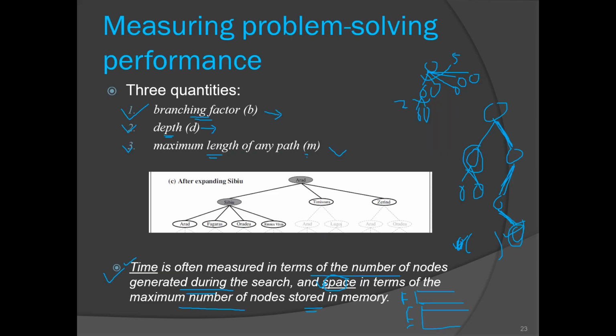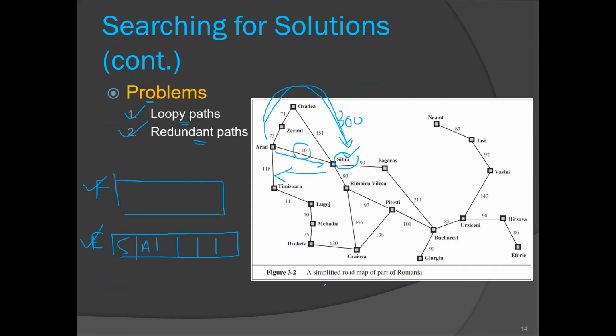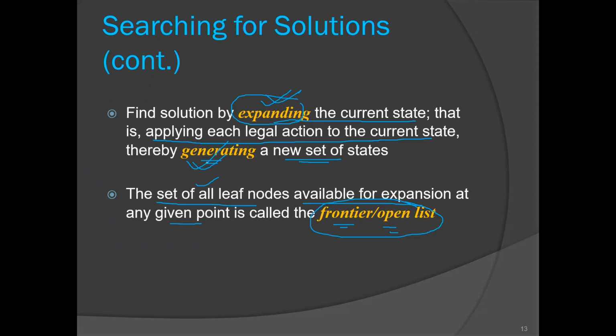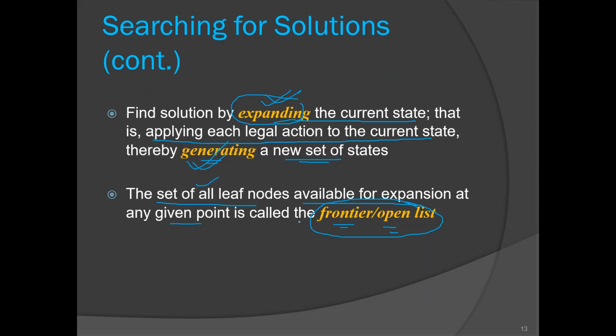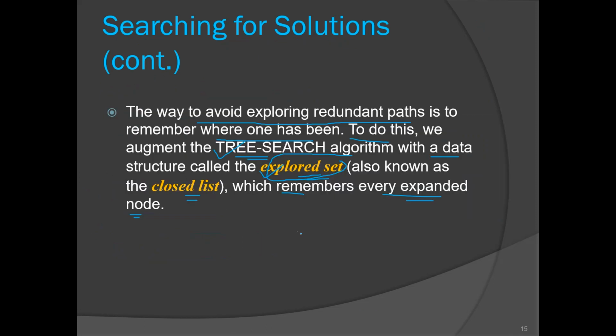That's it for today. We have studied lots of terminologies today. First we saw what we mean by expansion: we expand the parent and the corresponding children are generated, so expansion and generation. Then we maintain the nodes which are ready for expansion in the frontier or open list, and once we visit any node, we maintain it in a data structure called the explored set or closed list.